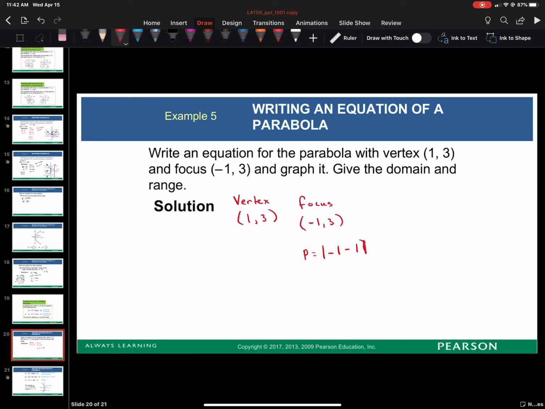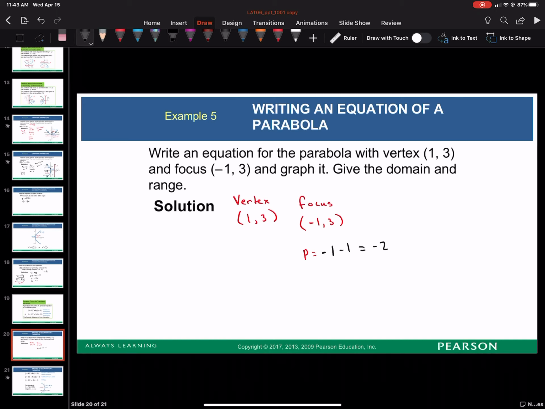That'll give us -2. So we got a p of -2, so let's go ahead and plug some stuff in.